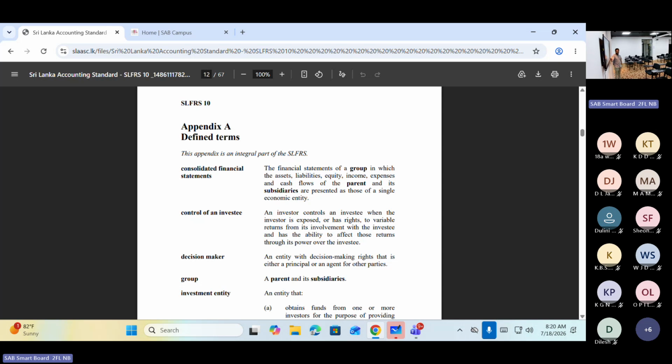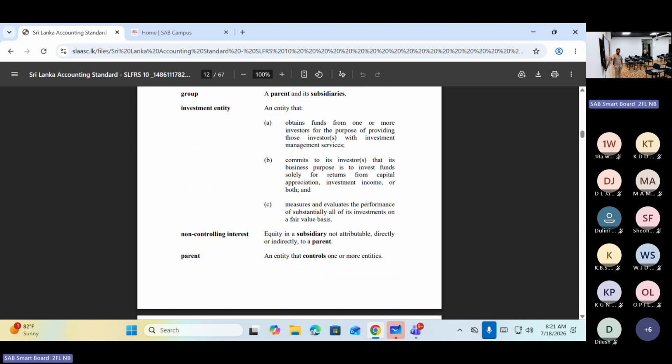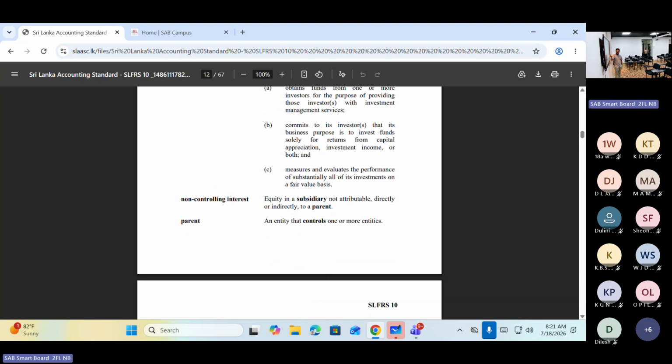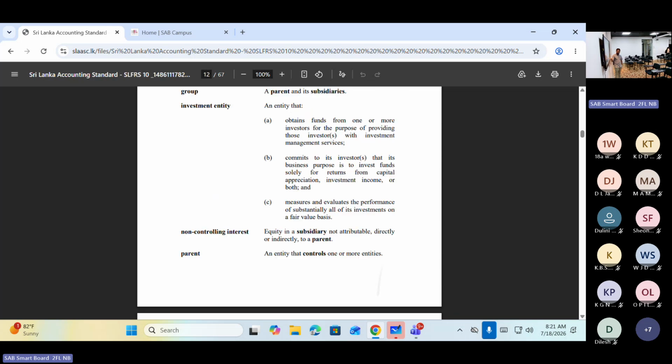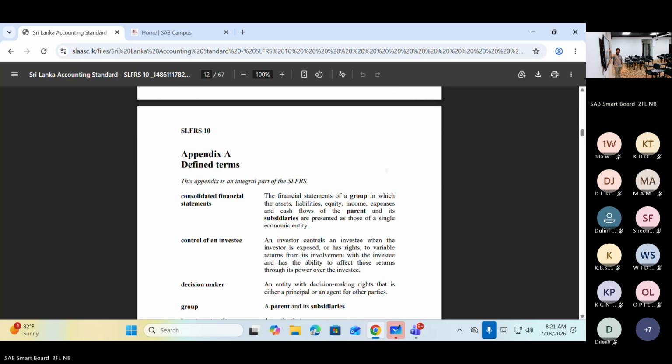We have a definition of parent and subsidiaries. Then we had a definition of what a parent is, then what a subsidiary is, right? And once you have a parent and subsidiary, it means an entity that controls one or more entities. Then we are going to learn what control is. Control means, what is this?